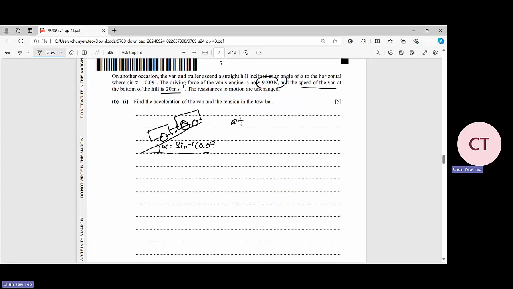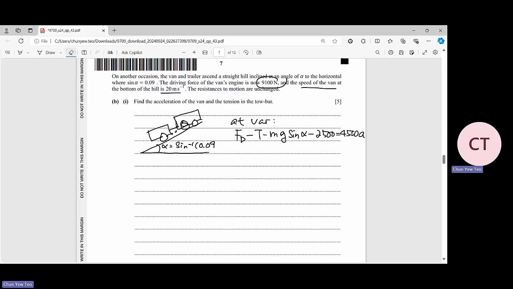So again, at the van, you have the driving force minus the T minus the mg sine alpha minus the resistance. The resistance for the van is 2,500, equals to ma, 4,500a.